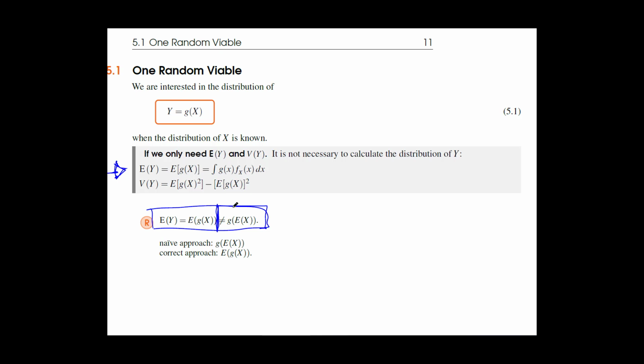Now, the difference is kind of minimal. It's E of g here, and then this is g of E. But that's the whole difference. And conceptually, for example, E of g of x means that you're going to take all the values of g of x and take the average, so to speak, because expected value and average are similar.